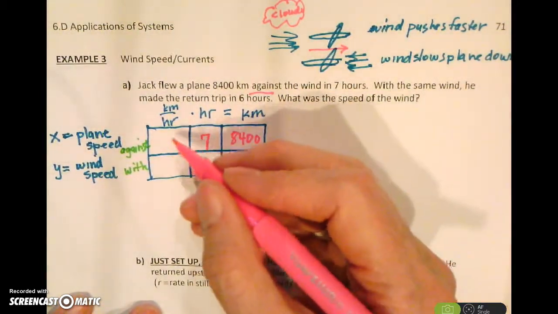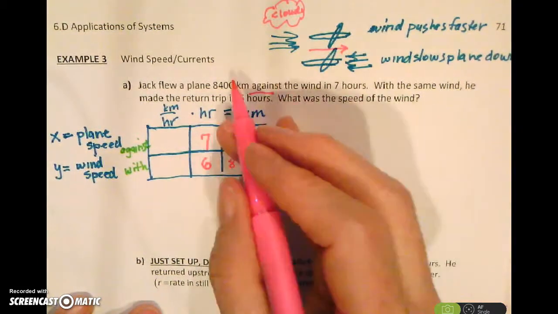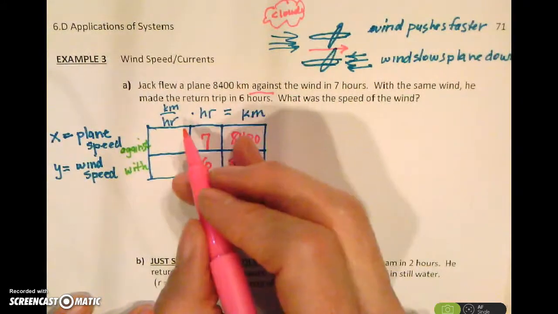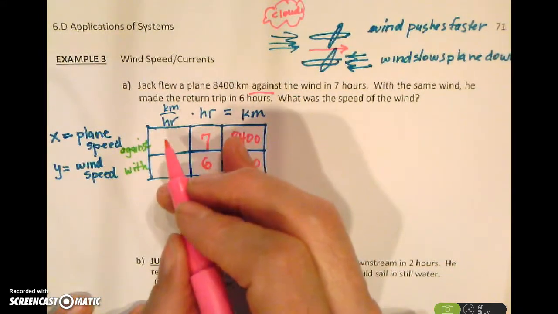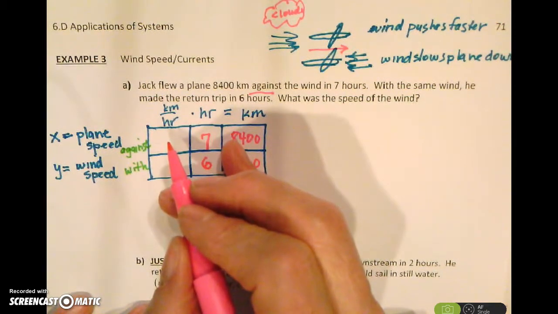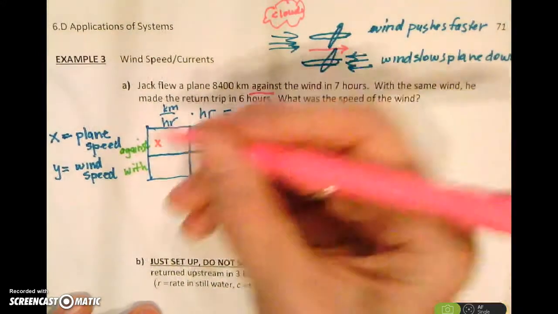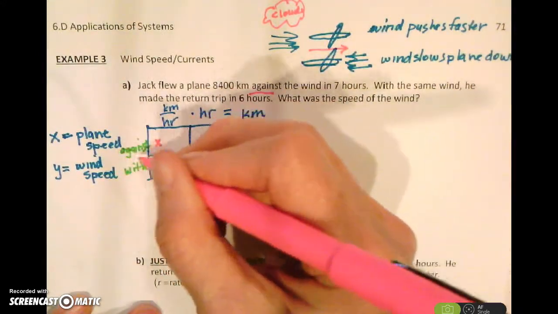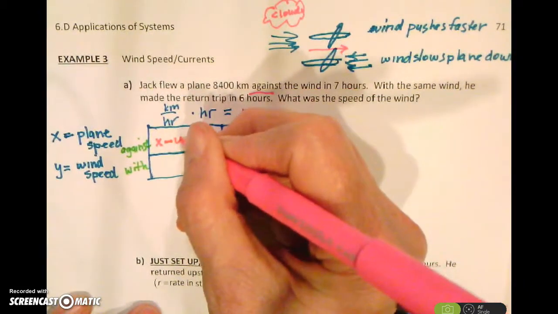Now normally we'd put an x and a y in these two spots, but because we're talking about these wind problems, our kilometers per hour are going to be made up of two parts. It's going to be made up of the plane speed, and then when it's going against the wind, it's going to slow it down, so it's minus the wind speed.